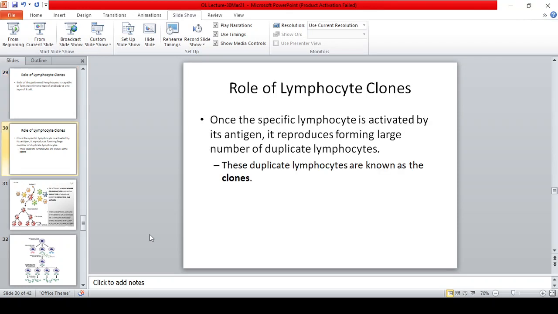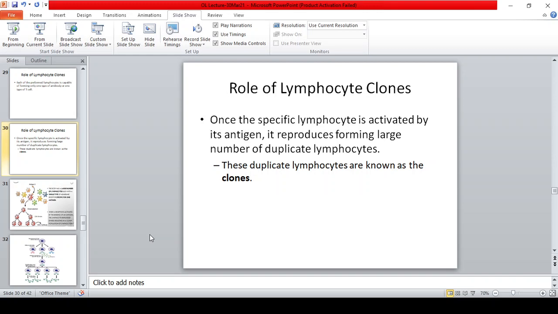So, once the specific lymphocyte is activated by a specific antigen, it reproduces to form a large number of duplicate lymphocytes, which are exactly the same as the parent lymphocyte which has been activated, whether that is a B lymphocyte or a T lymphocyte. So these duplicate daughter lymphocytes, all of them are similar to each other, and therefore they are known as the clones, the clone of that lymphocyte.